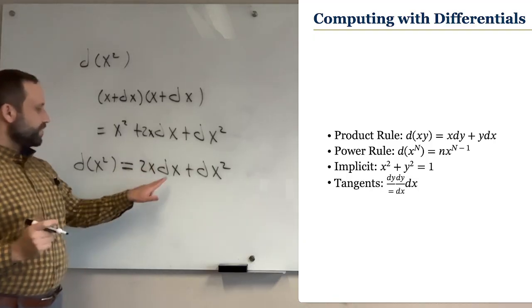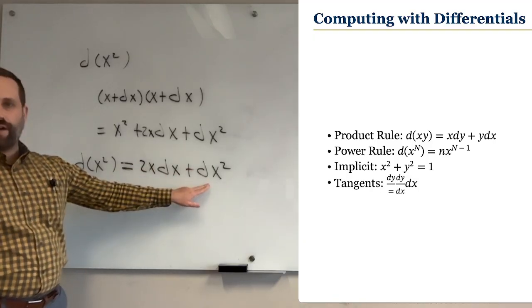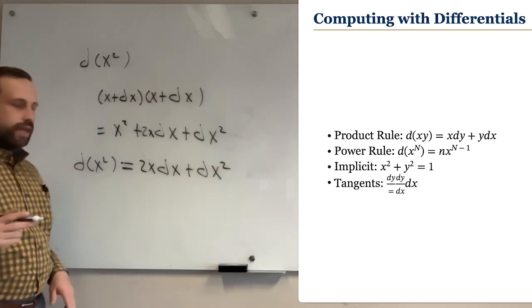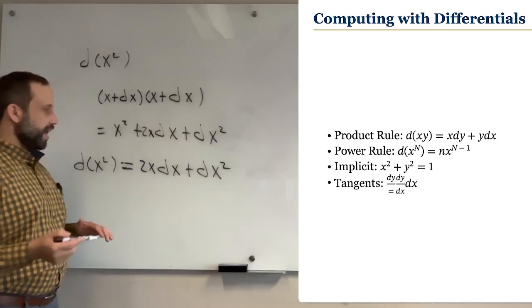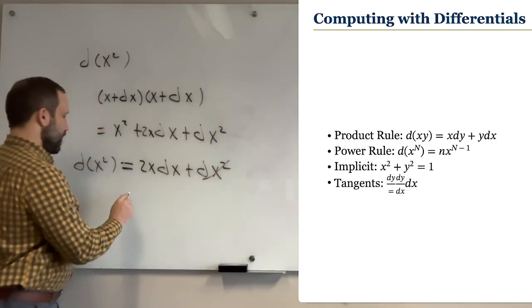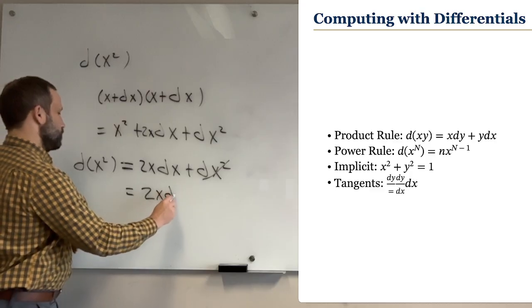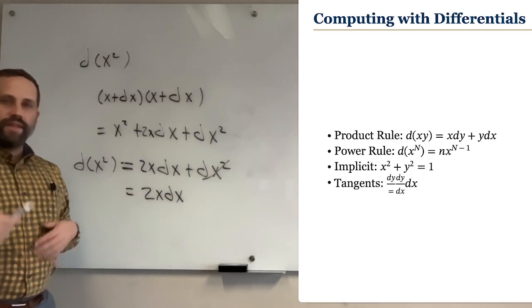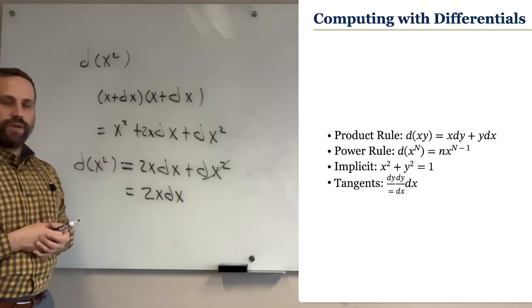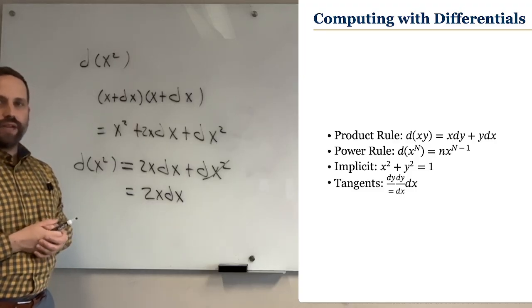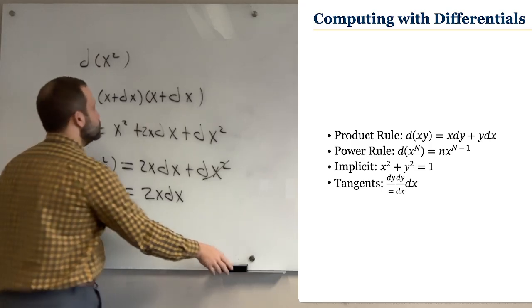If dx is infinitesimally small, then dx squared is basically 0, at least compared to dx, and so we're going to forget about that, and we're just left with 2x dx. From there, you can see exactly how the argument for the more general power rule that I have here on the slide would go.